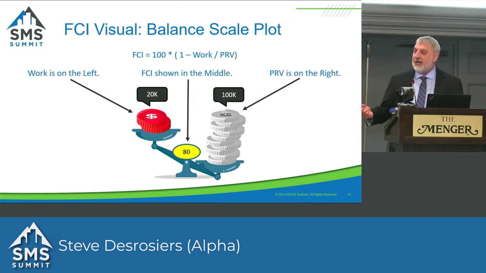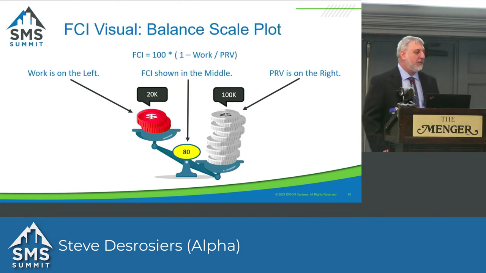On the right side of the scale, you put in a coin that represents the PRV, and on the left side, you put in the coins that represent work. And then in the middle, in our fancy dial, you can see what the FCI is. As those red coins go down, so does your FCI. The more coins on the left side, the more you get that. And people seem to be pretty receptive to that image.